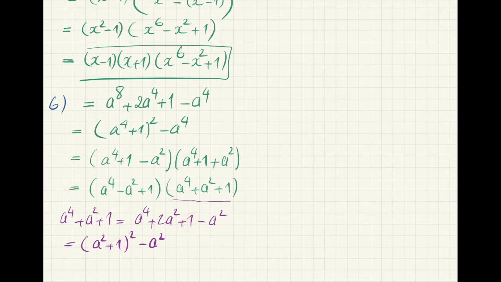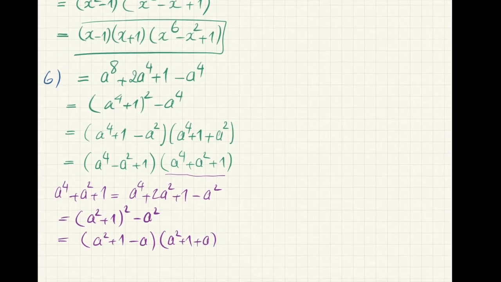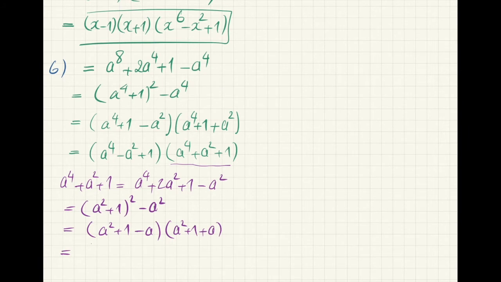Okay, so again this is the difference of two complete squares, so I can write the square root of the first one minus the square root of the second one, and the square root of the first one plus the square root of the second one. And if I reorganize it, it becomes a squared minus a plus 1. Then I will have a squared plus a plus 1. Yes, but I need to replace this here instead of this.